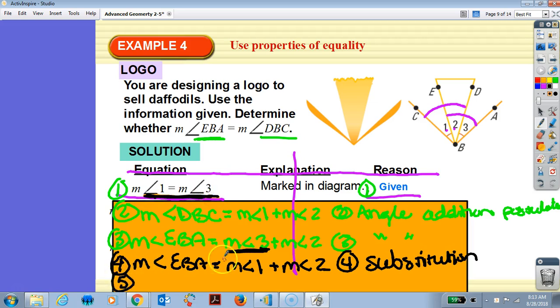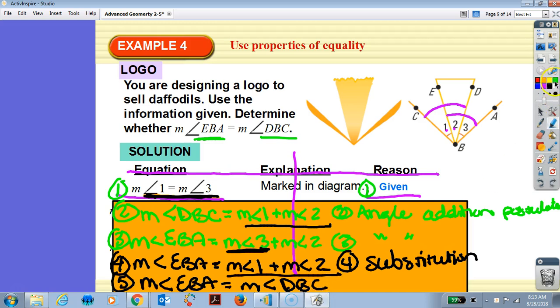So now that this and this are identical, I can sub this in here, right? Or sub this in here. So I'd have the measure of angle EBA equals the measure of angle DBC. And I'm able to do this because right here and right here are the same.